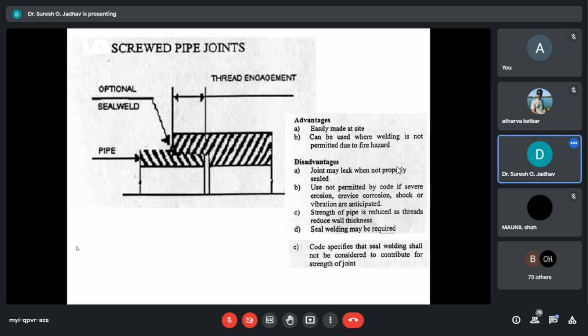The joint may leak when not properly sealed. If we do not join it properly, a leak will arise in chemical industries and it is not permitted by codes. If severe corrosion, shock and vibrations are anticipated, we cannot use the screw pipe joints.